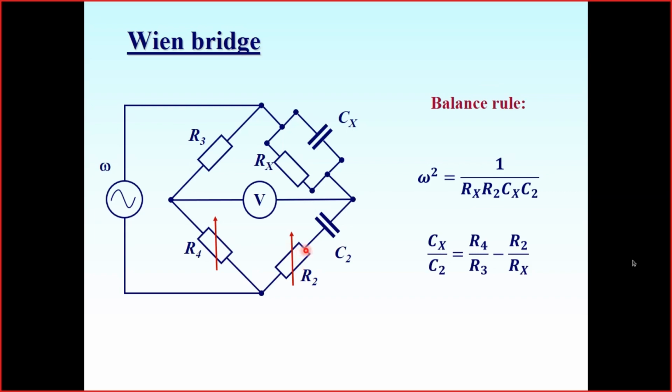If we change them, from this we may get all other parameters of the Wien bridge. In fact, we balance the bridge, and finally, when the bridge is in balance, when the voltage amplitude here is zero, or at least as close to zero as possible, the relationship between the capacities will be expressed like this.